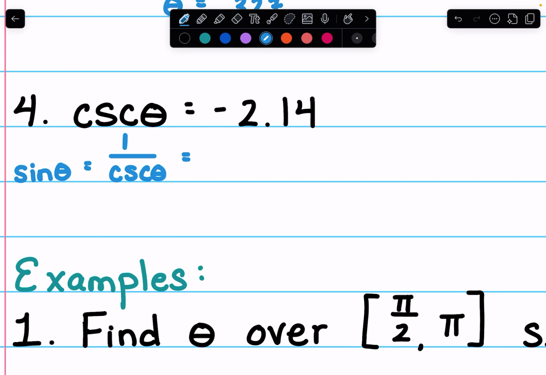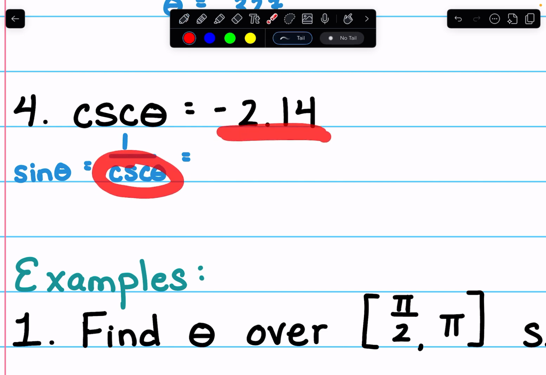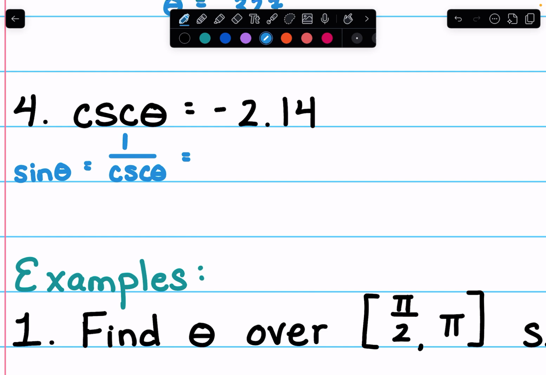And I know that this right here equals negative 2.14. So I can say this is 1 over negative 2.14. I can just plug that into my calculator. 1 divided by negative 2.14, and I get -0.4679, okay? I didn't use any trig button key.